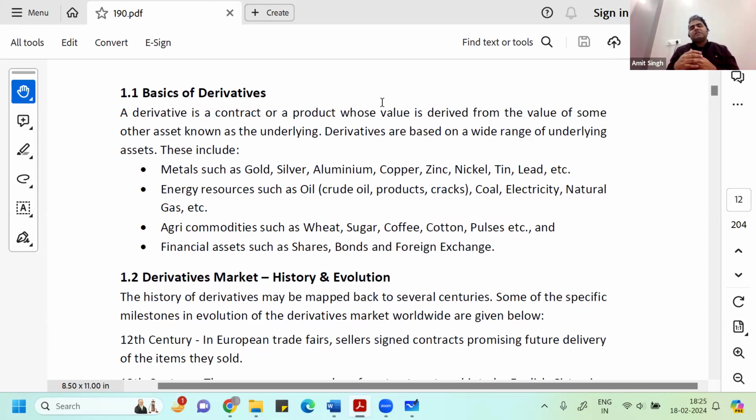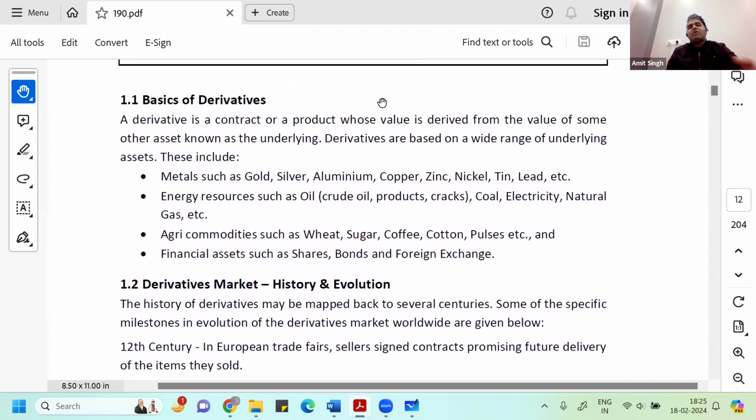And we have discussed the history of how these instruments were gradually introduced over different underlyings, commodity, credit, equity, or interest rate. We discussed it phase by phase. Also, we have discussed the history of derivatives in India, how they were implemented in India.